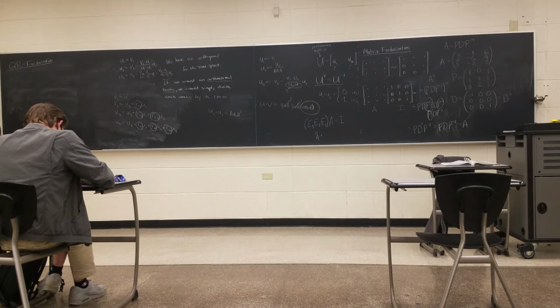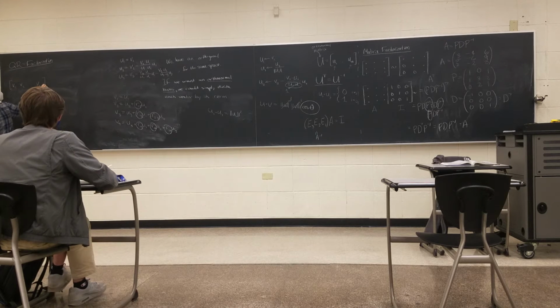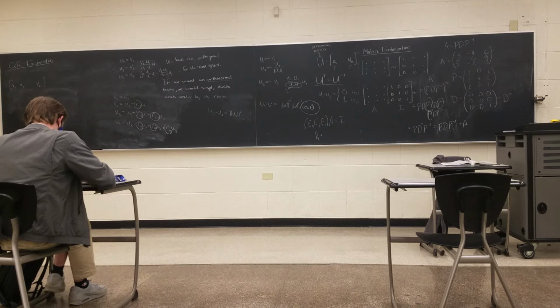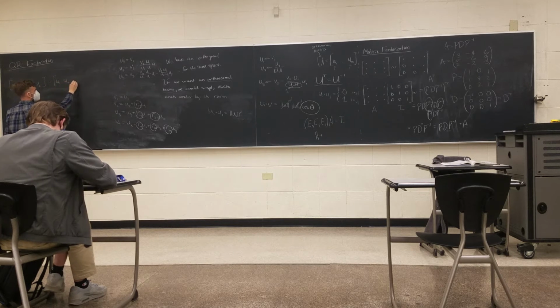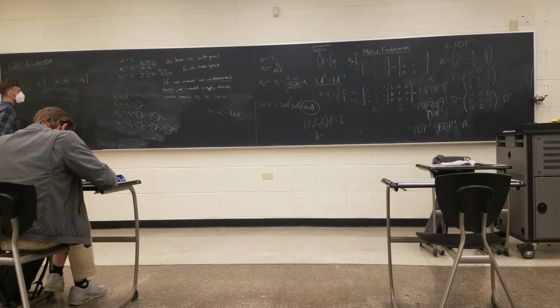So that's our original vectors. If we want to construct these as linear combinations of our orthogonal vectors, how do we do it?